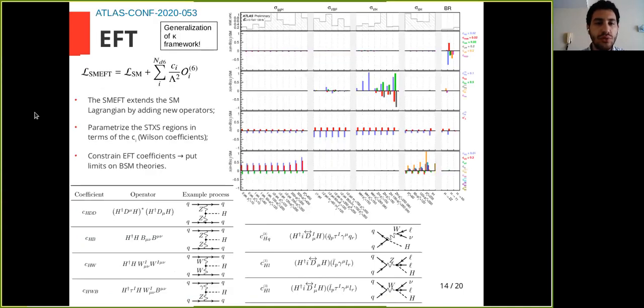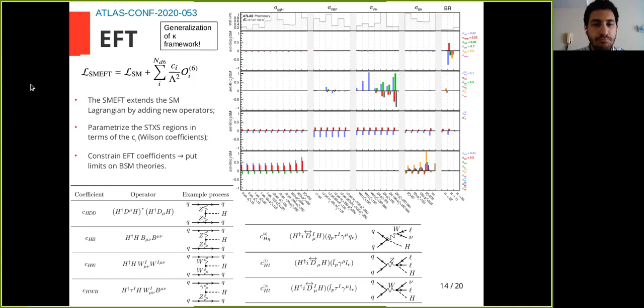Another approach to perform interpretation of the STXS measurement is through the effective field theory framework. The standard model EFT adds new terms to the standard model Lagrangian, which correspond to beyond standard model operators. And here I have put some examples of these operators and leading order Feynman diagrams for them.